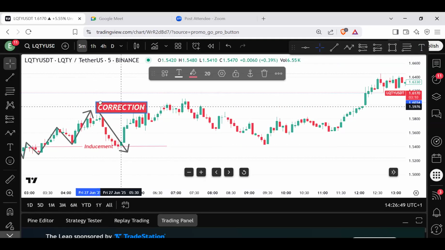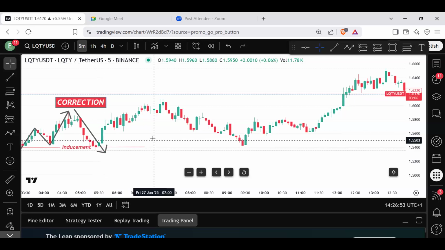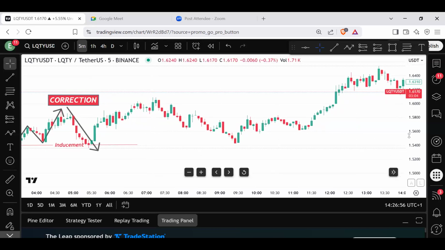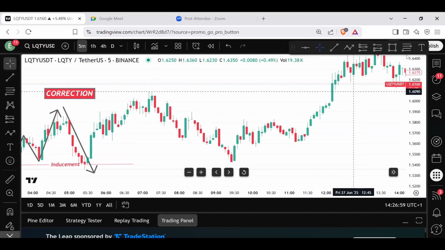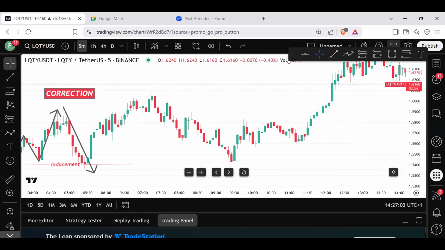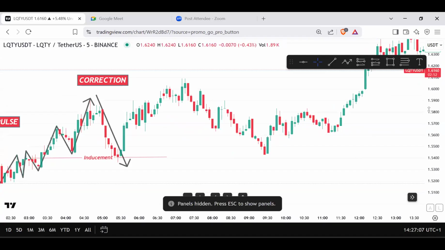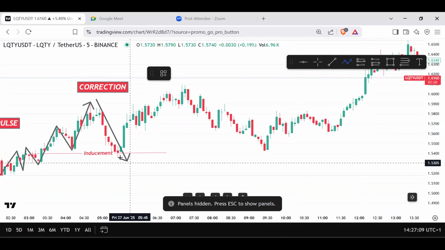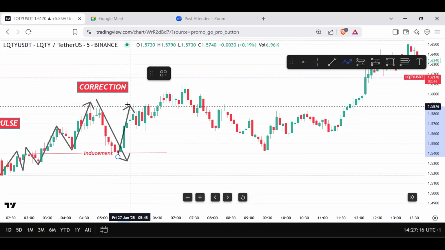After this correction, let's see what happens again. So the market started another impulse from here.